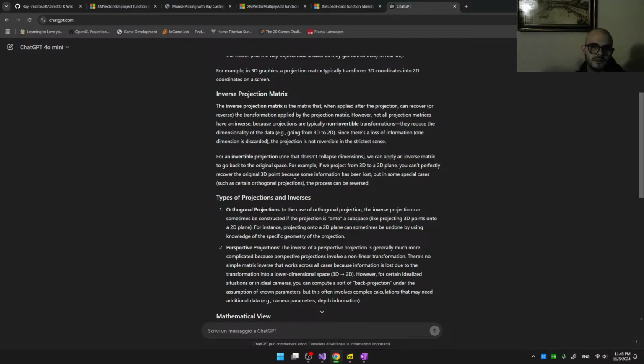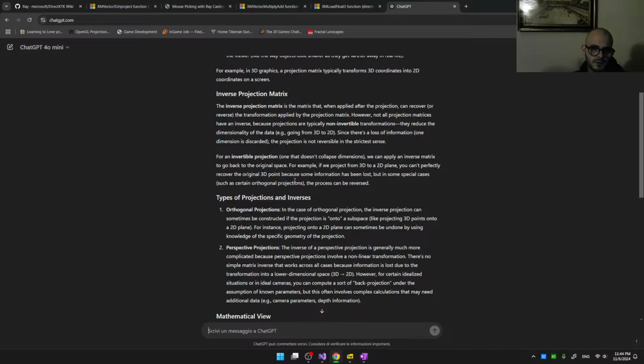Okay, yes. Reducing the dimensionality of space makes sense. They reduce the dimensionality of the data. Going from 3D to 2D, since there is a loss of information, one dimension is discarded, the projection is not reversible in the strictest sense.